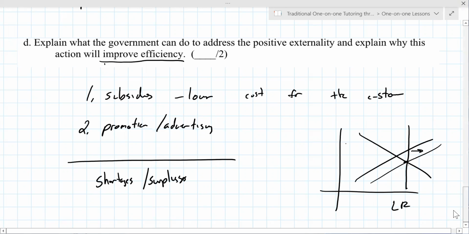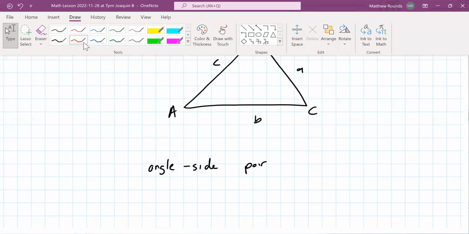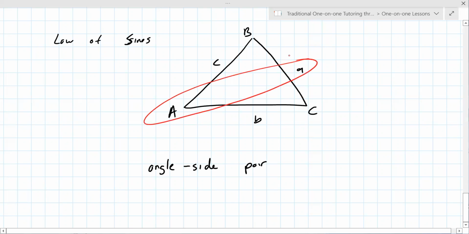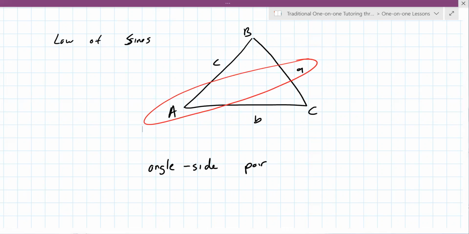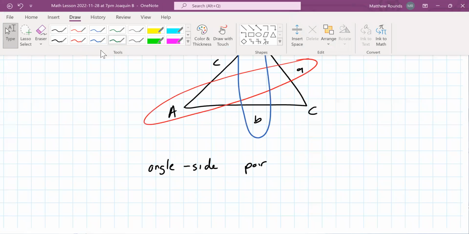So, in class today, we went over the law of sines. For the law of sines, the thing that you're looking for is what I call an angle side pair. What I mean by that is you have big A and little a, or big B and little b, or big C and little c.